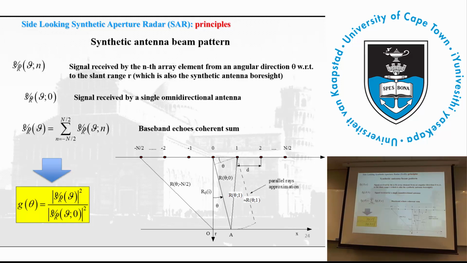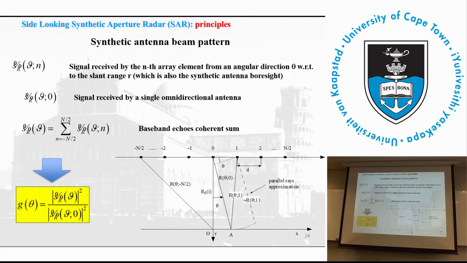So what happens here is when you add up things over a certain angle, you are basically summing up all the contributions, okay, that are coming from a particular direction. So this is coherent processing. It's like you're adding up the energy that you receive in the first element and the second and the third, but you do it coherently, which means that you're actually adding up complex signals.